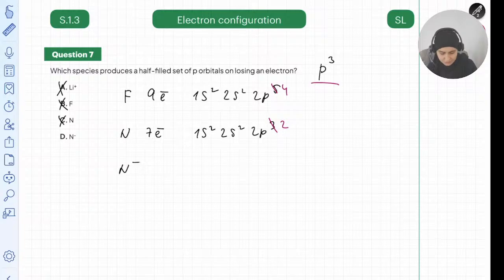So N minus, well, we already know the configuration of N. That is 2p3, so for N minus it is 2p4. And now when this guy loses an electron, it becomes 2p3. That's what we need, right? So it loses one electron, so it becomes p3, so it is D, exactly half filled p orbitals.